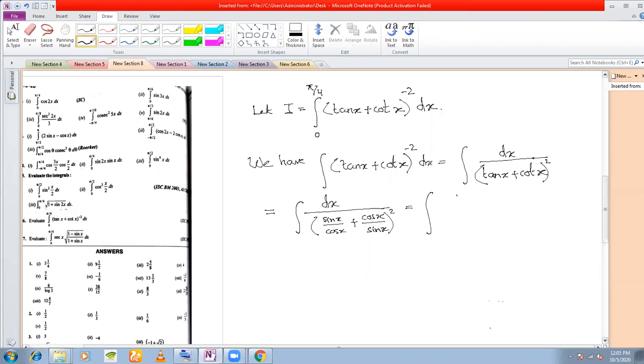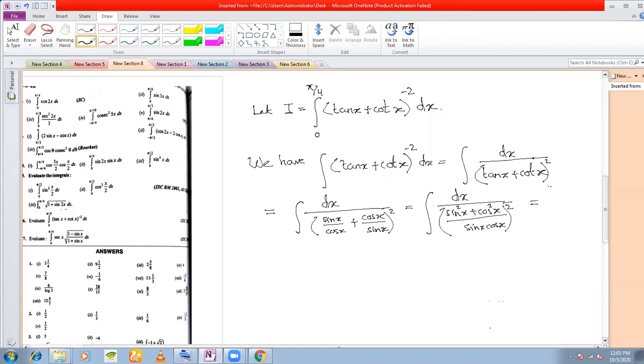Now what you do is you take LCM in the denominator. You get sine square x plus cos square x divided by sin x cos x, whole square. This is what you will get.